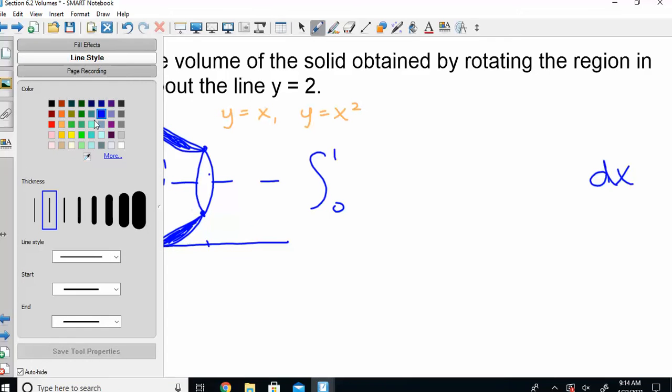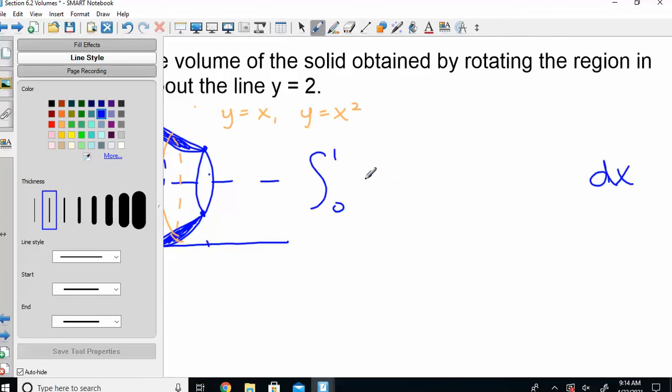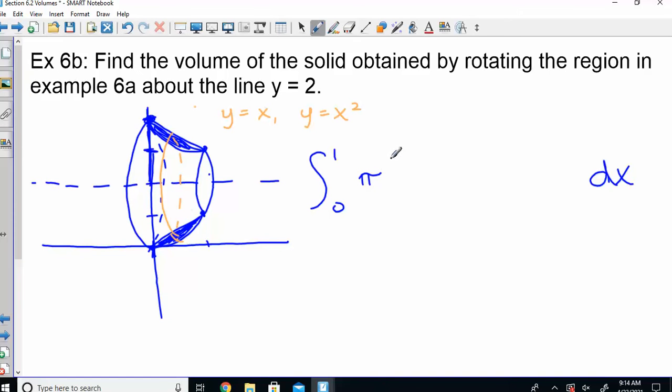If I take a cross section, we are definitely looking at a washer here, so we're going to have to subtract off our areas. So it'll be pi r squared minus something pi r squared. And if you prefer, just go ahead and pull out the pi and only write it once. You can do that.